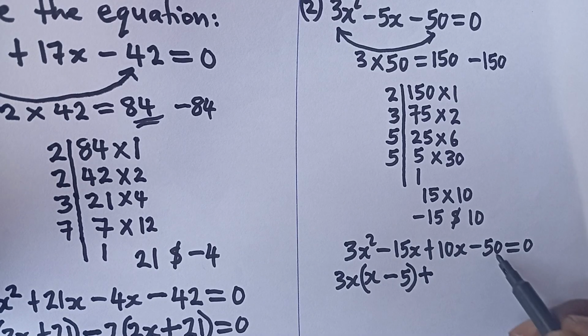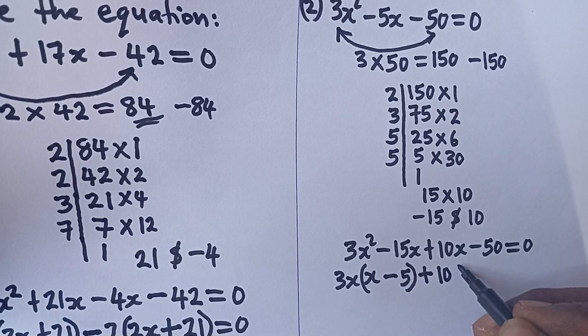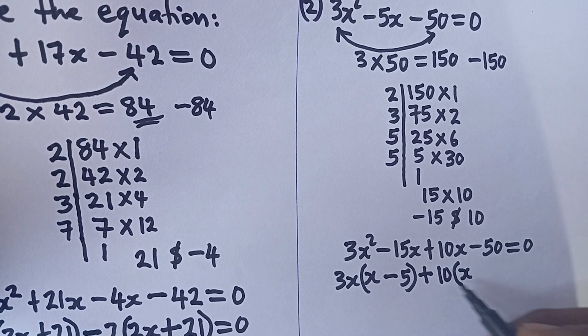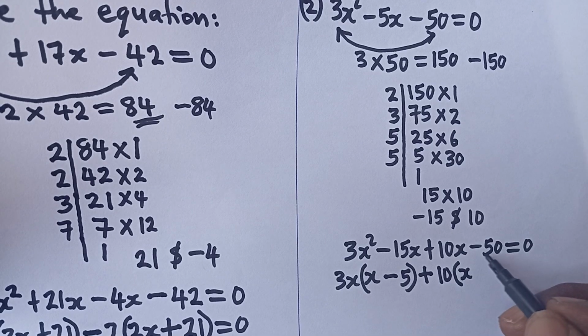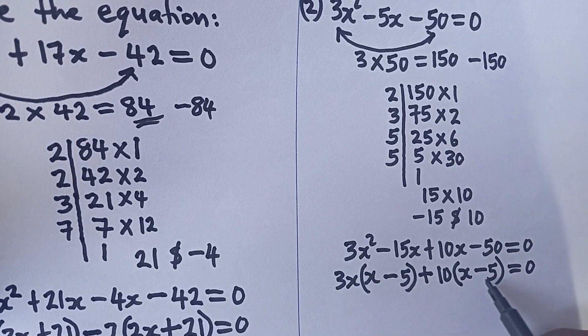Then between 10 and 50, what factor is common? 10 is common. So I open up a bracket and say x, because 10x divided by 10, you are left with x. And then minus 50 divided by 10, you are left with minus 5. And everything is equal to 0. So once these two brackets are the same, then we know that we are on track, that we are correct.